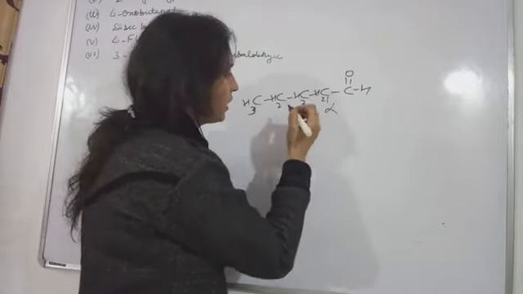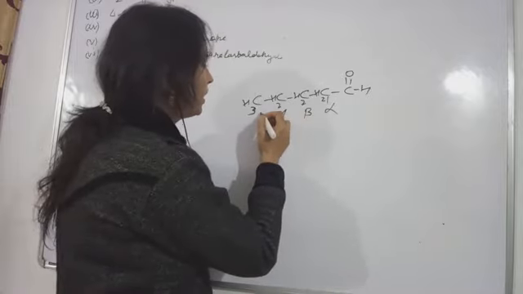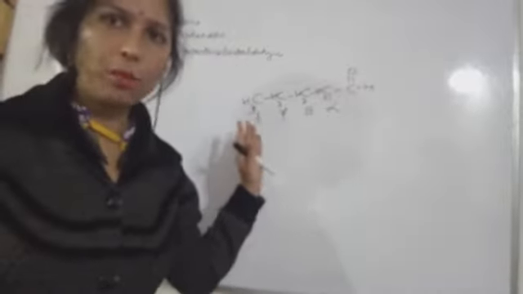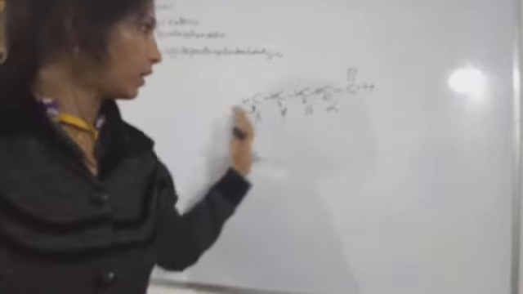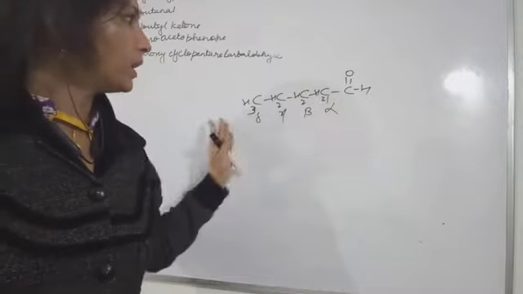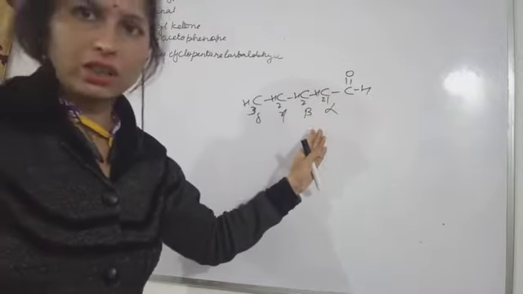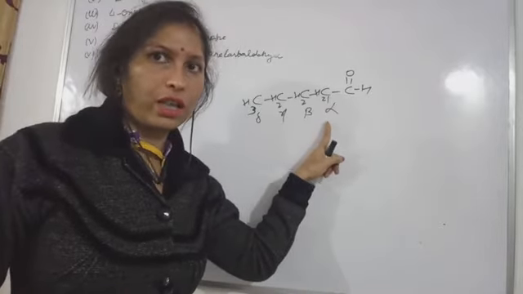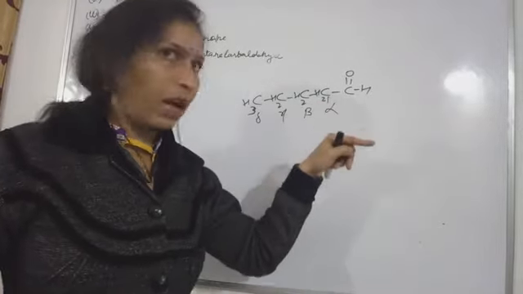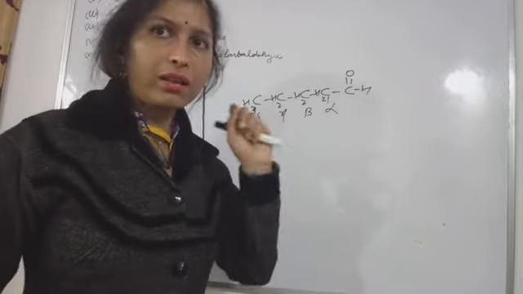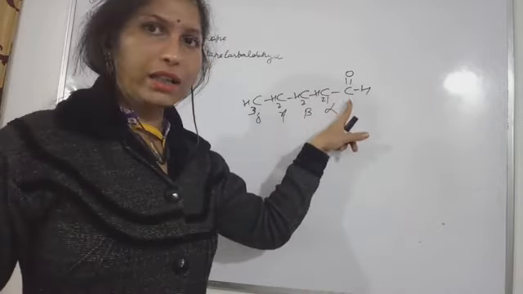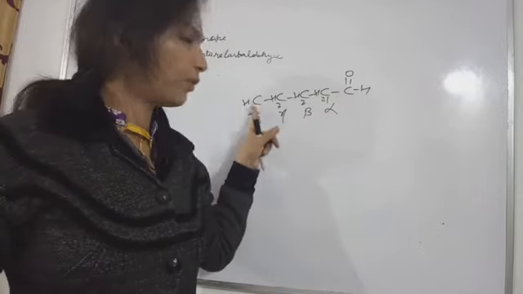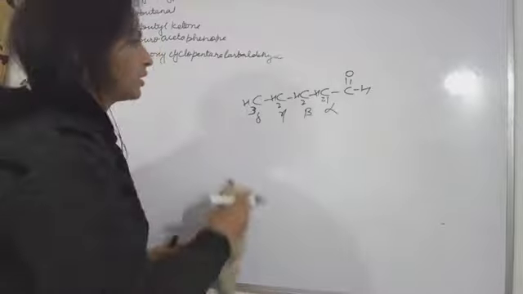Next will be the beta carbon, then gamma, delta, and epsilon. In common names we use these Greek letters, not in IUPAC names. In IUPAC the numbering will help you. Numbering starts from the carbon possessing the functional group: 1, 2, 3, 4, 5. So this was about the positions.